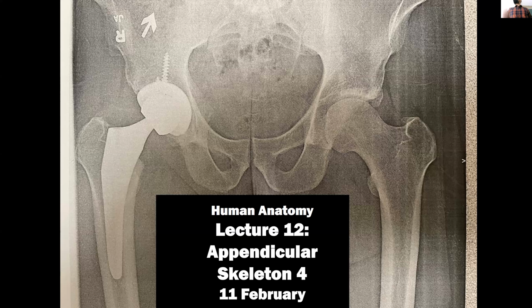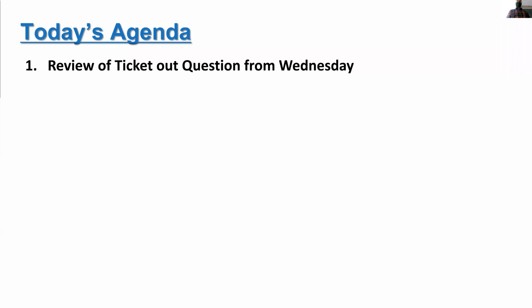In advance of today's class, you had a class program that was pretty minimal if you had done the reading for Wednesday. It was just kind of making sure you got stuff done and we're up to speed. Today's class is an exciting mix of activities. We are going to review your ticket out question from Wednesday. Just want to make sure we've got that information straight. And then we'll do some drawing.